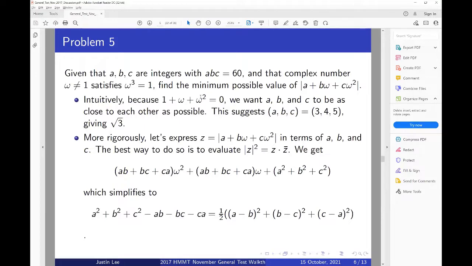But another way to evaluate the norm of z is to use z times z conjugate. And z conjugate is just equal to A plus B times the conjugate of omega plus C times the conjugate of omega squared, which is just A plus B omega squared plus C omega. So you could just expand this as a polynomial in terms of omega.